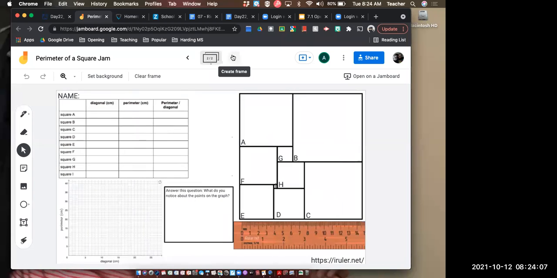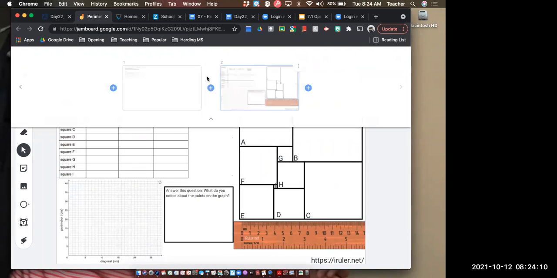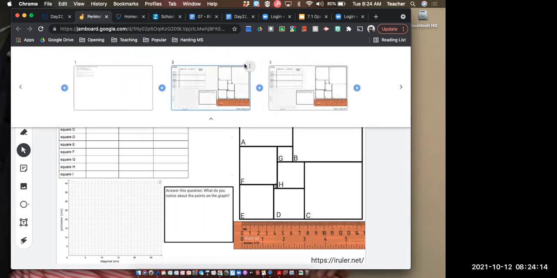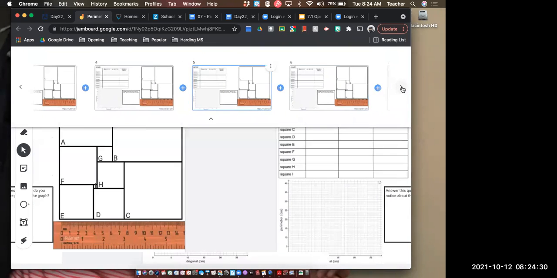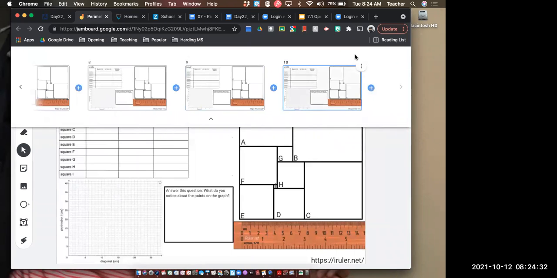I have to add some duplicates so that more students can use it. Hopefully that's enough. Let me see how many we got. All right, let me add some more.